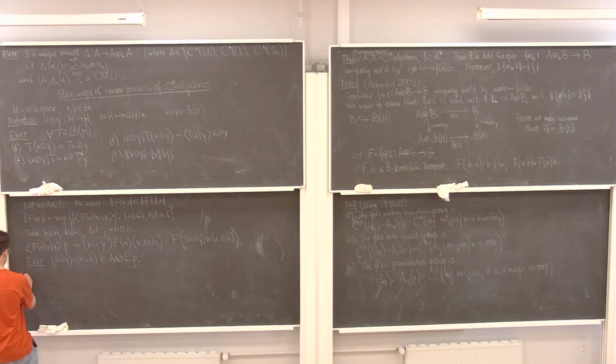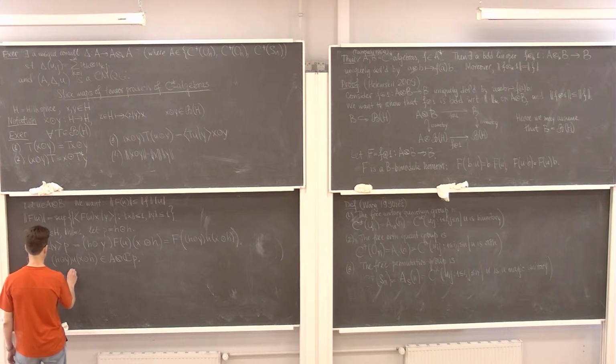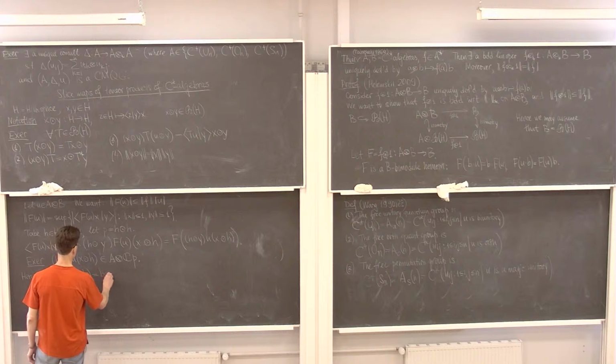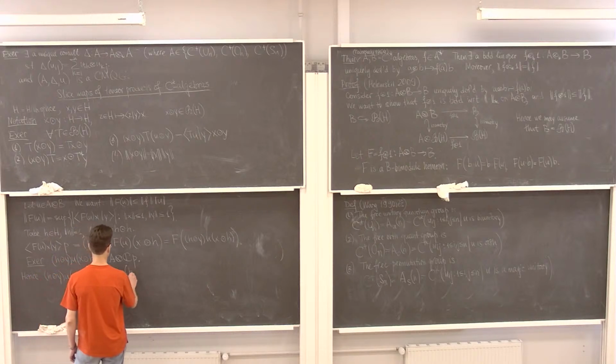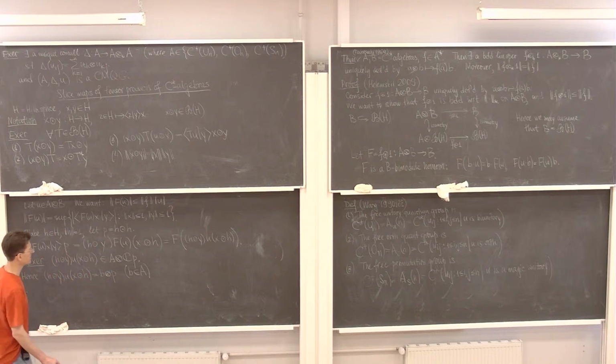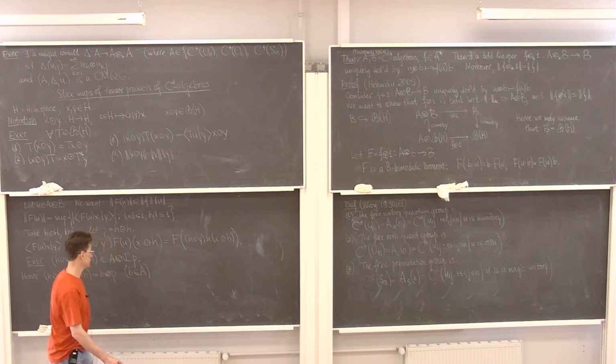So this element belongs to this subspace. Hence you write it in the following form: it has the form b tensor P for some element b in A. So we can continue our calculation.